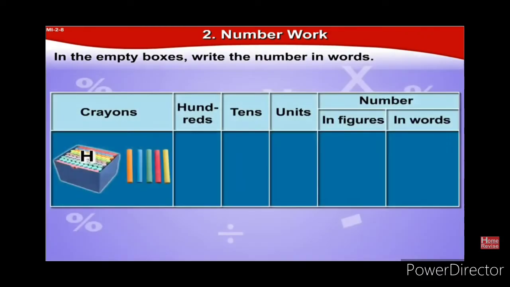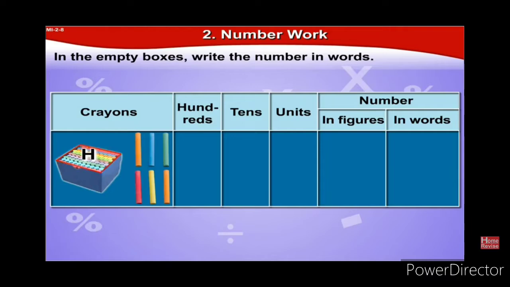Now the next picture. A box of 100 crayons and 5 more crayons, which means it is 1 hundred, 0 tens, 5 units. In figures, it would be 105, and in words, one hundred five.